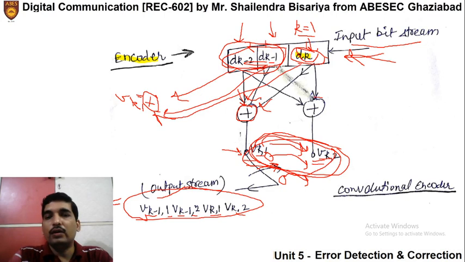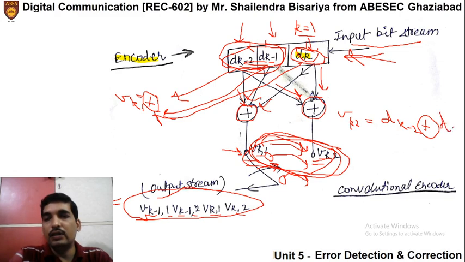While if we talk about this XOR, the Vk2 is nothing but XORing of this, which is dk minus 2, XORed with this bit dk here, right? This and this, so it is XORed with dk. So in this manner, we convolute, we find the value of output bits.